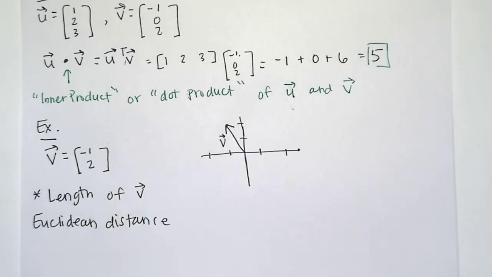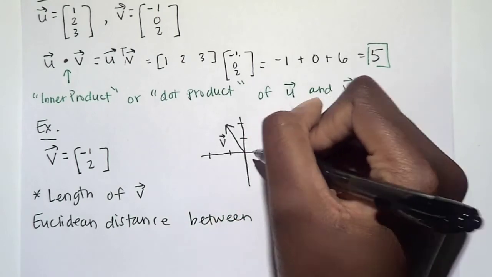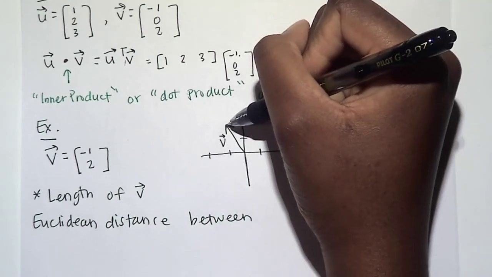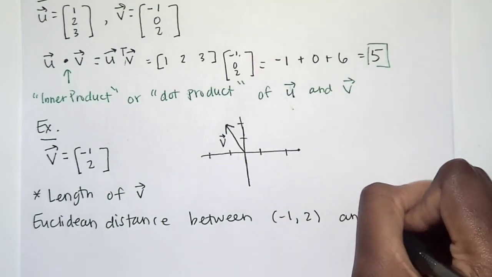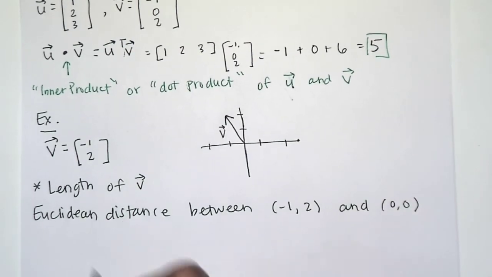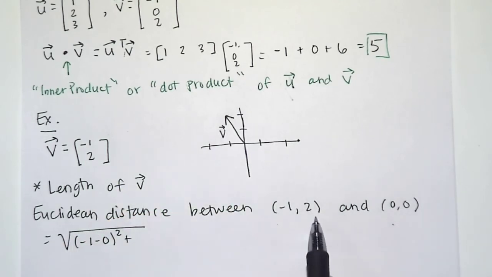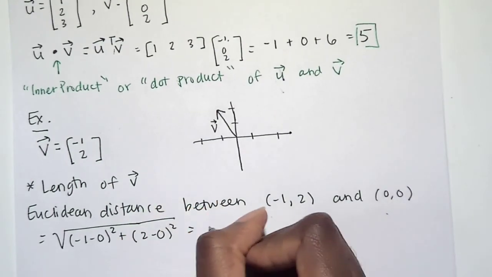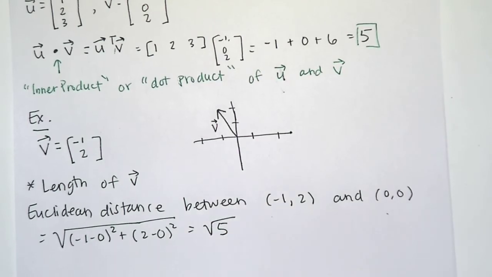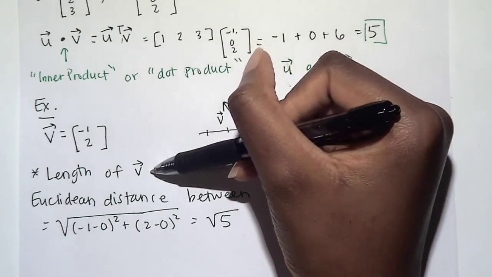So the Euclidean distance between the point -1, 2 and the origin 0, 0. You guys know how to do this. Square root of the distance between the x values squared plus the distance between the y values squared. It's the square root of 5. So that is the length of this vector v.